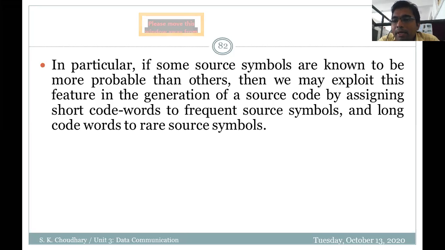So we may exploit this feature in the generation of the source code by assigning short code words to frequent source symbols, those having higher probabilities, and long code words to rare source symbols, those having lower probability.